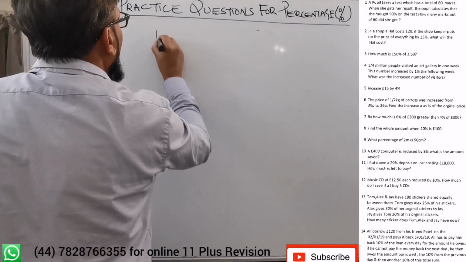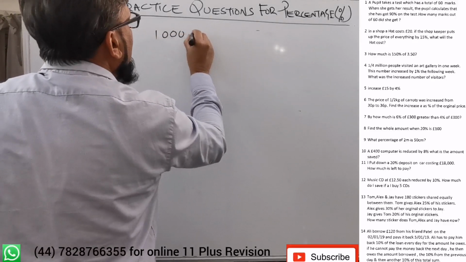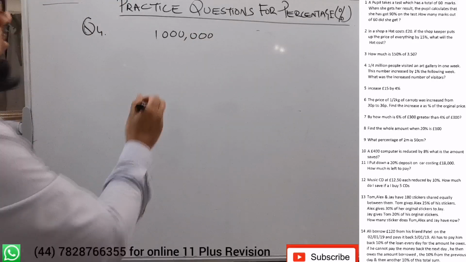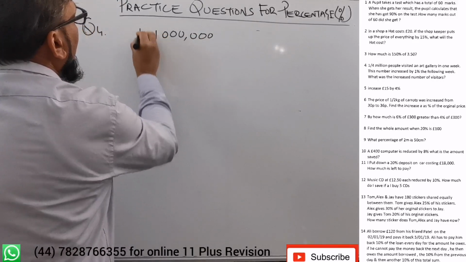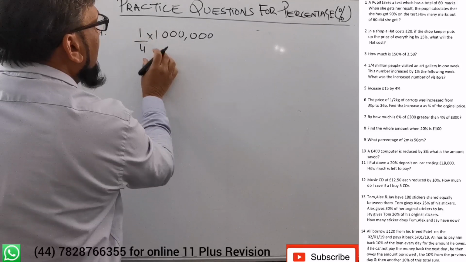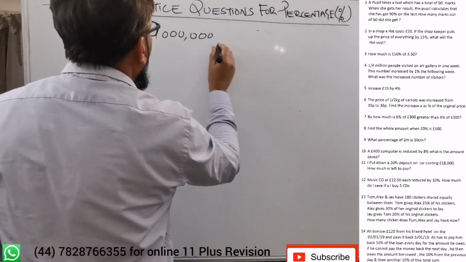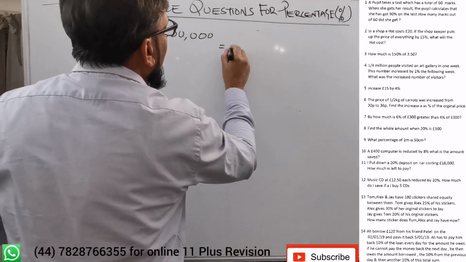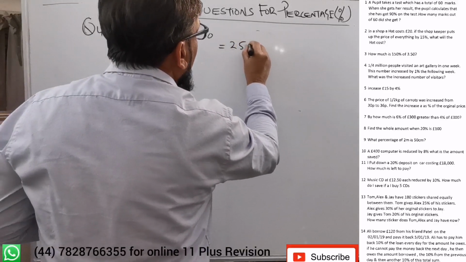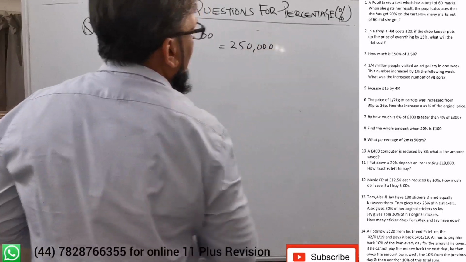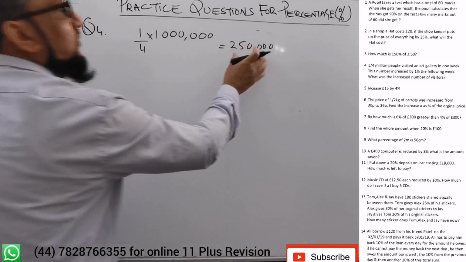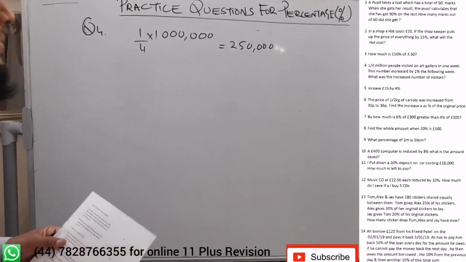We know that 1 million has 6 zeros. The quarter million is 1 million divided by 4. If we divide by 4, you will get 250,000, which is called quarter million.